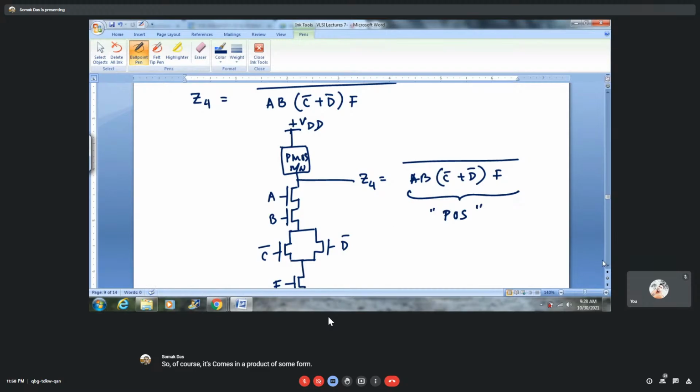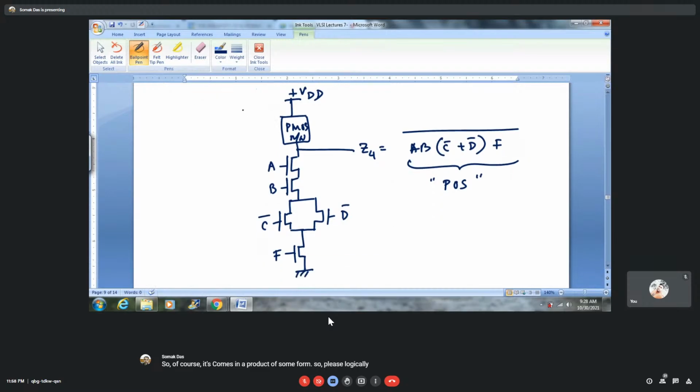So this logic gate is nothing but OR and invert.